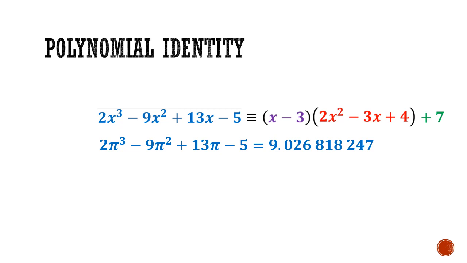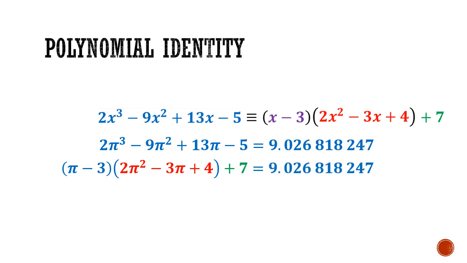And if I substitute it into the right hand side, (pi minus 3) times (2 pi squared minus 3 pi plus 4) plus 7, and I input this in a computer, I will get the same value. So these two expressions are identical. They give you the same result for all values of x, and we call this a polynomial identity.